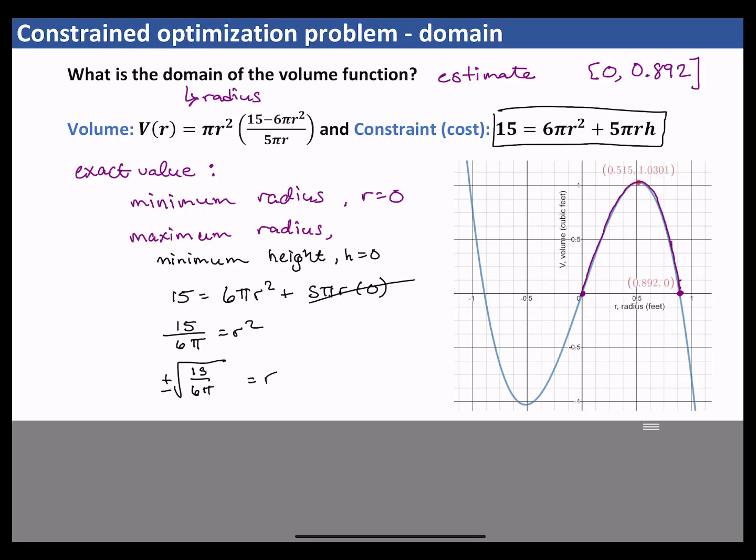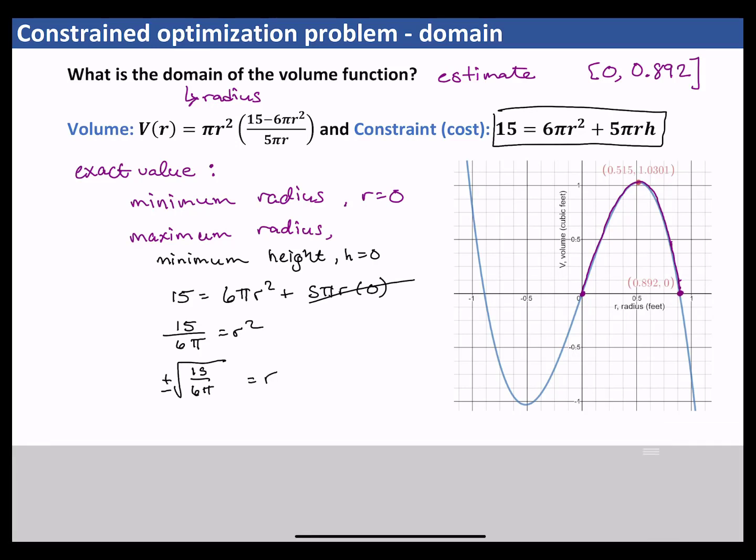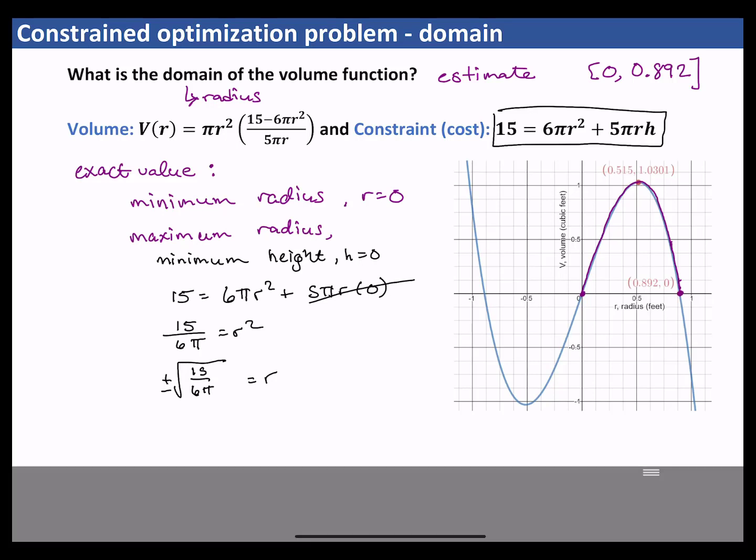But this is a problem involving the radius. We cannot have a negative radius, so r would equal only the positive square root of 15 over 6 pi, measured in feet. That is actually the maximum radius.